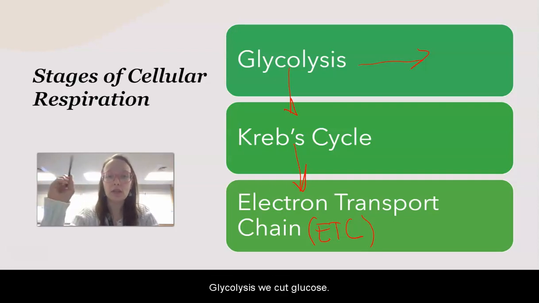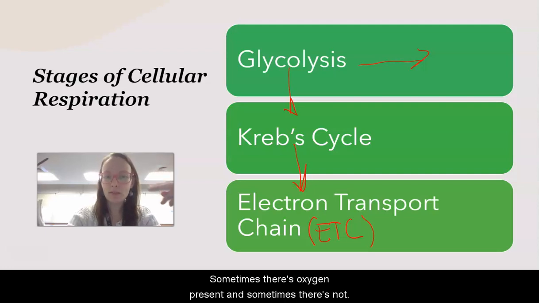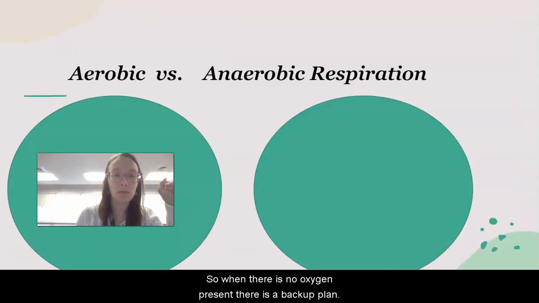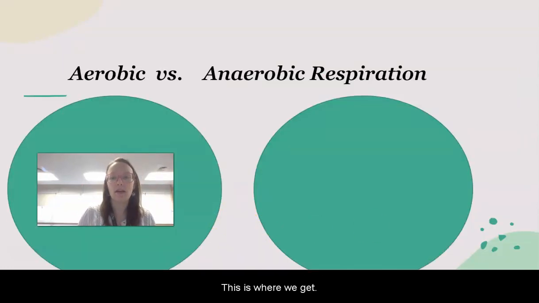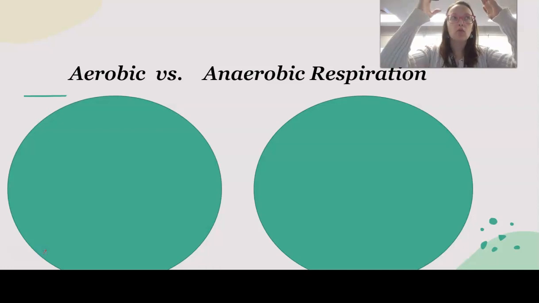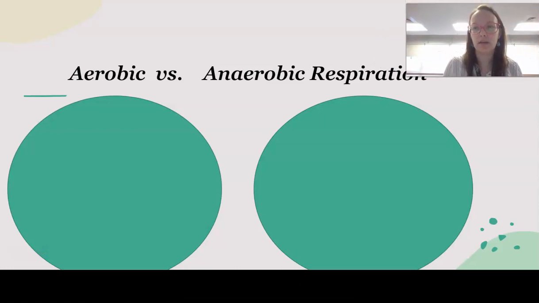So like I mentioned, glycolysis, we cut glucose. Sometimes there's oxygen present and sometimes there's not. So when there's not oxygen present, there is a backup plan. And this is where we get anaerobic respiration. So glycolysis, there are 2 different directions that we can go from here.